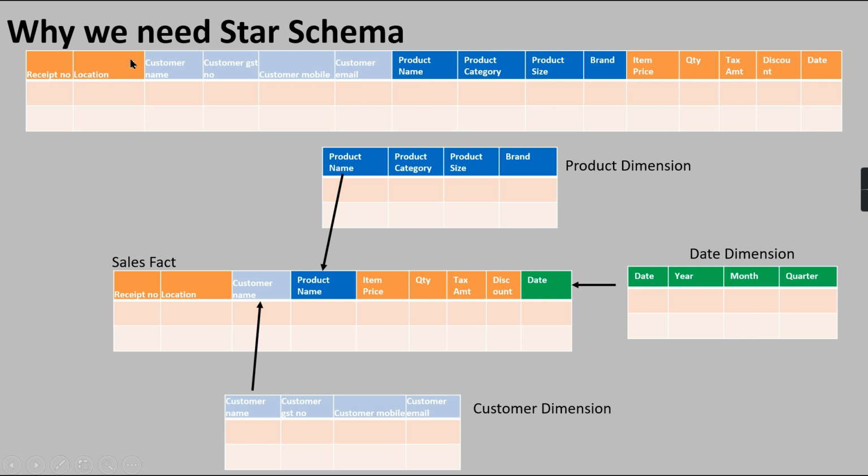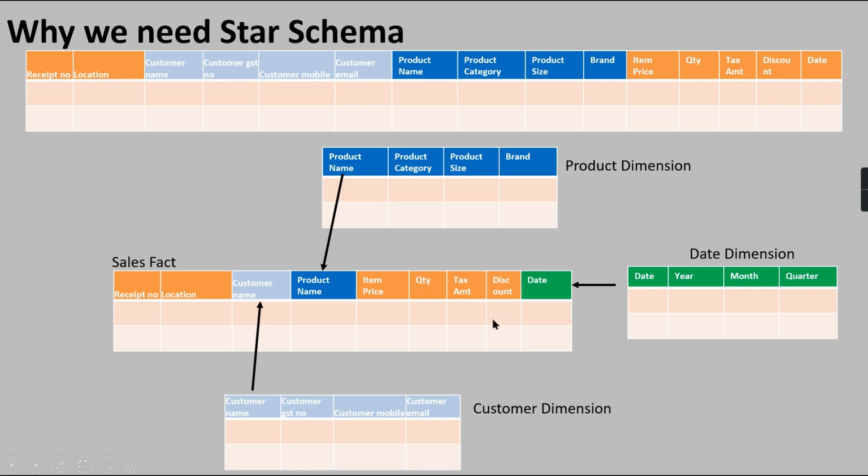From this particular single table, which we can call a flat table, you need to convert into a star schema. Whatever you want to analyze, the numerical quantities, is your fact table. Like I want to analyze item price, quantity, tax amount, discount amount.